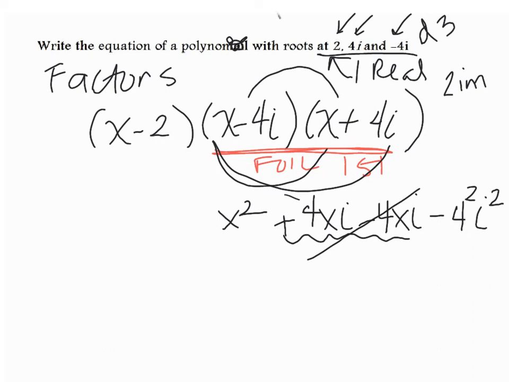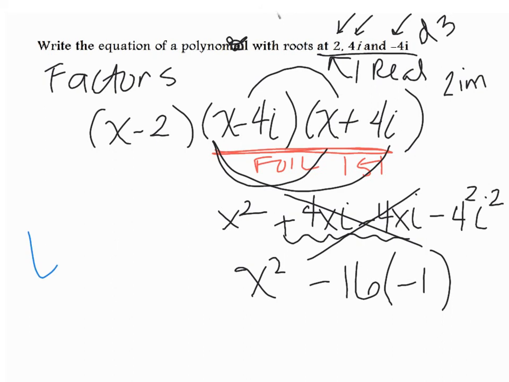So these cross out. So now I've got x squared minus 4 squared is 16. And i squared, if we flip back on one of those slides, was -1. This is key right here. i squared equals -1. Never forget that. Negative times a negative is a positive. That shouldn't be a 4, that should be a 16. So -1 times -16 is positive 16.